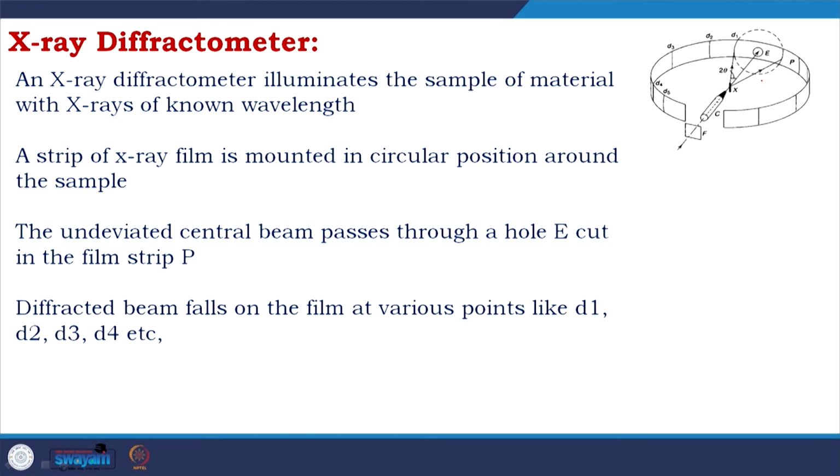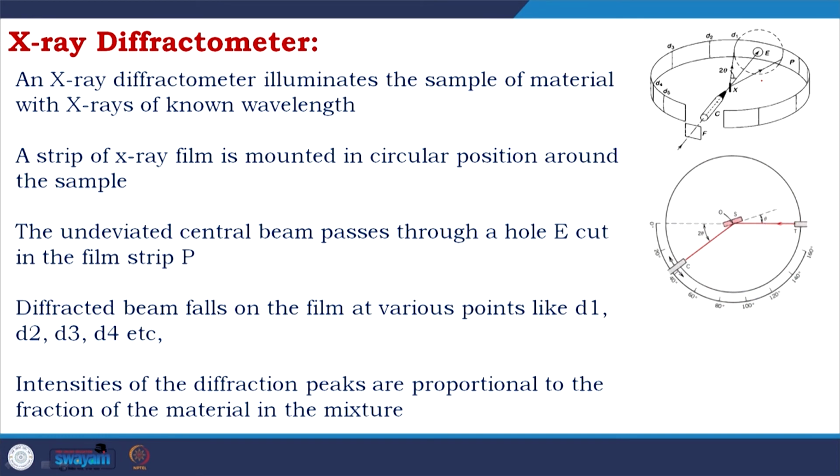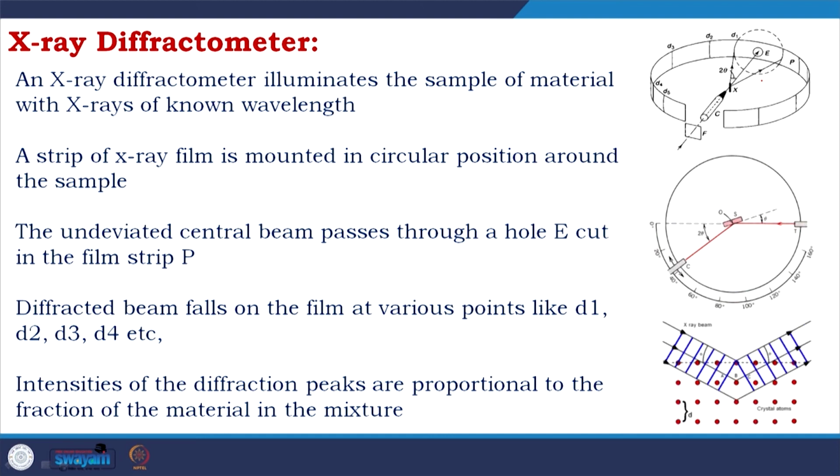The diffracted beam falls on the film at various points like D1, D2, D3, D4. The intensities of the diffraction peaks are proportional to the fraction of the material in the mixture. From the pattern you could calculate, which is what we are going to read in the next class.